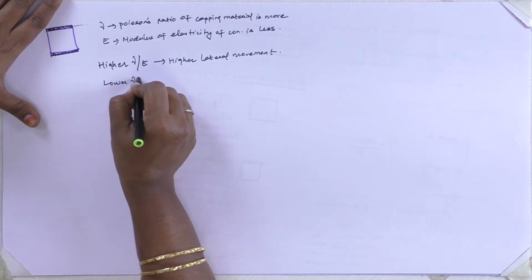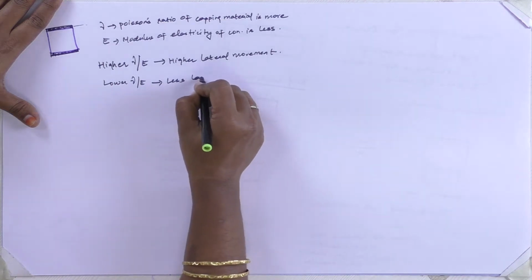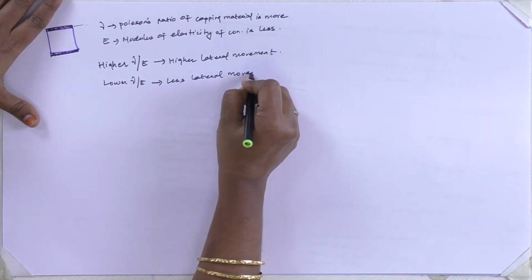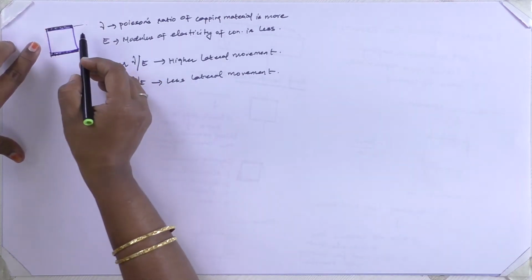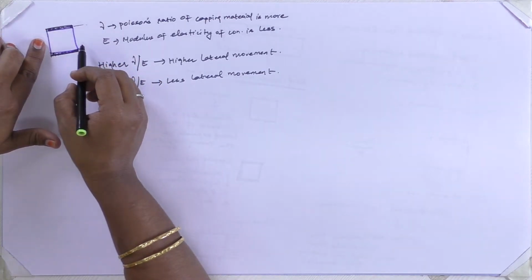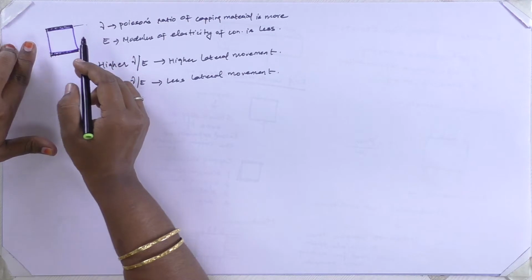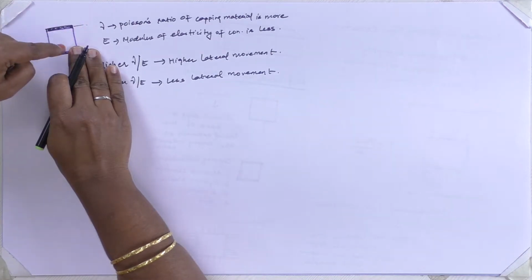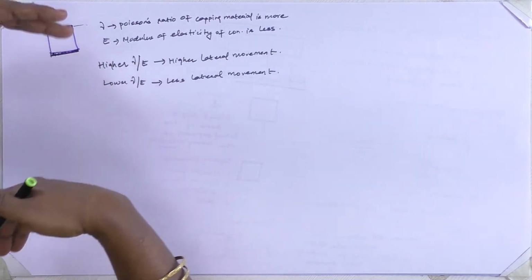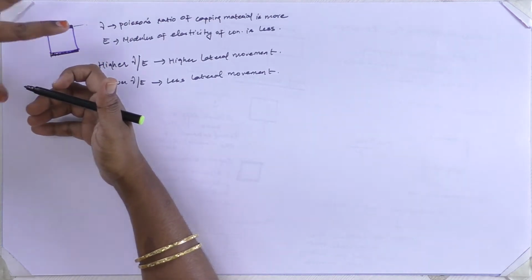If it is lower, there is less lateral movement. When we use this soft material which has a high expansion, compared to concrete, that material will start moving in the lateral direction and the concrete will move relatively less. So the type of capping material which we use will also influence the test results.